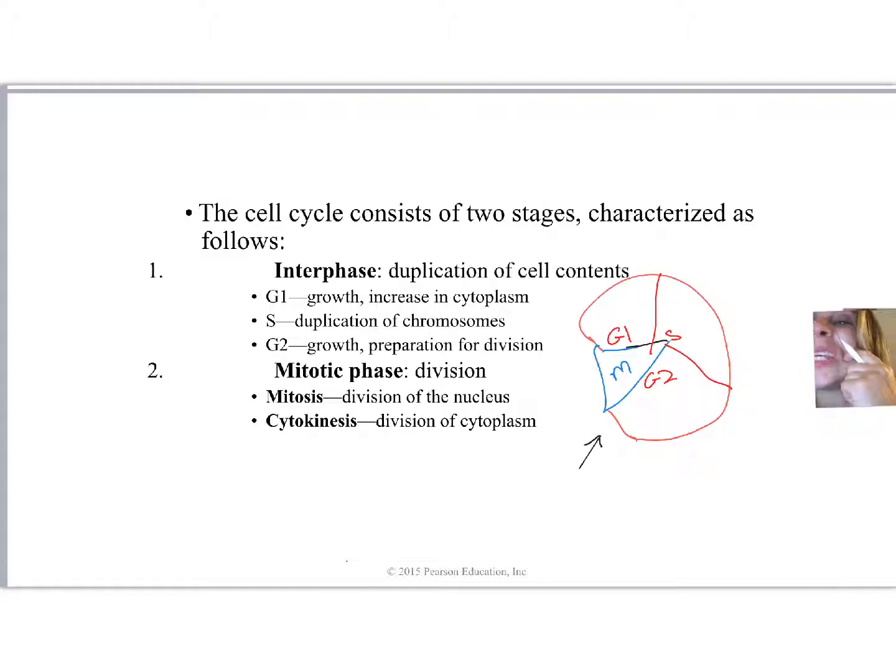Okay, so G1 is just after the cells are born, so this is after cell division, right? We're going to talk about the story of this one single cell right here, okay? It's born, it starts to grow, there's more cytoplasm, it gets bigger. It's just a toddler cell, and now it's got to get bigger. And so 2 things can happen.